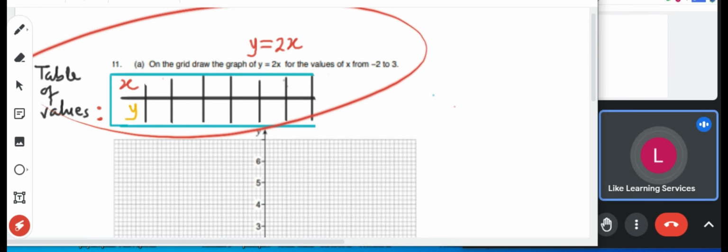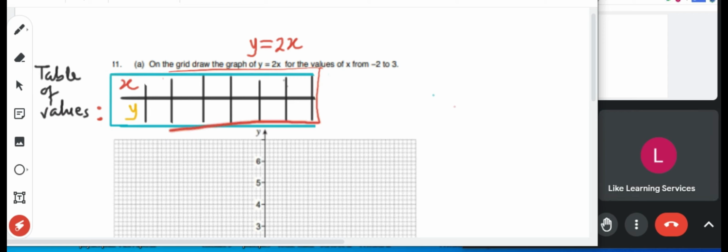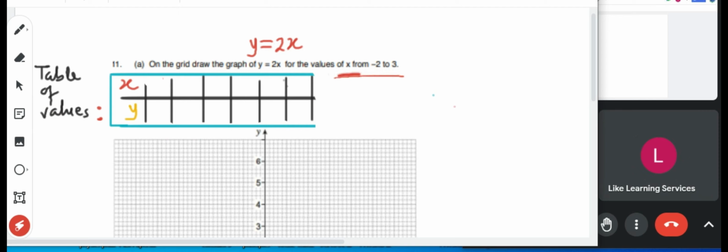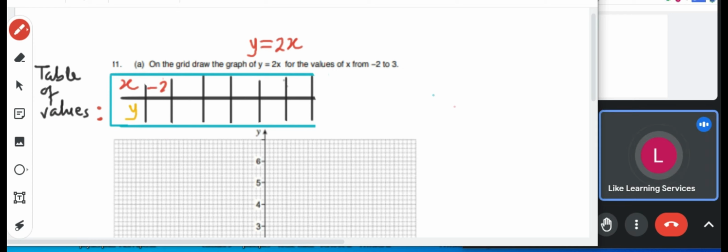Your table of values, okay? The table of values wasn't given, you just draw your table. Now it says x should be from where to where? Minus 2 to 3. So you start from minus 2, keep moving forward until you get to 3.